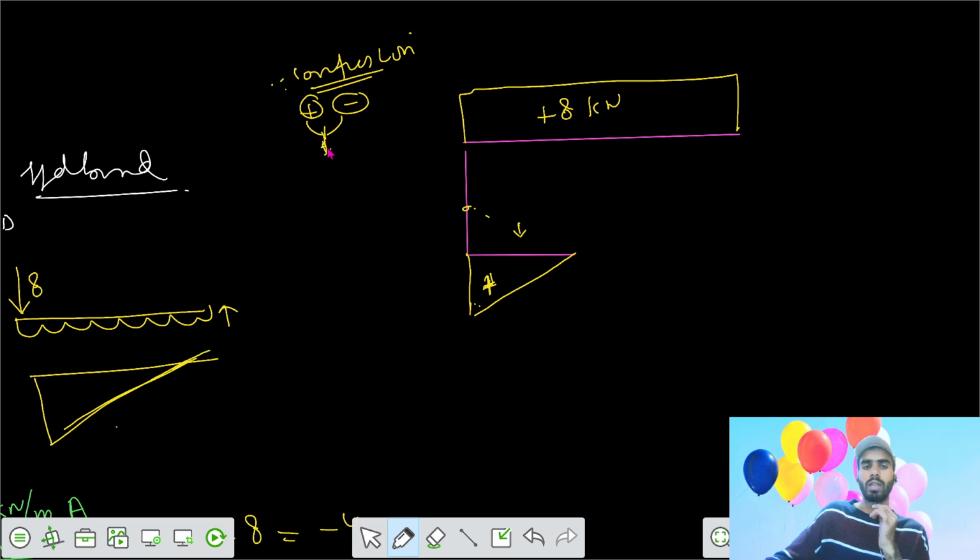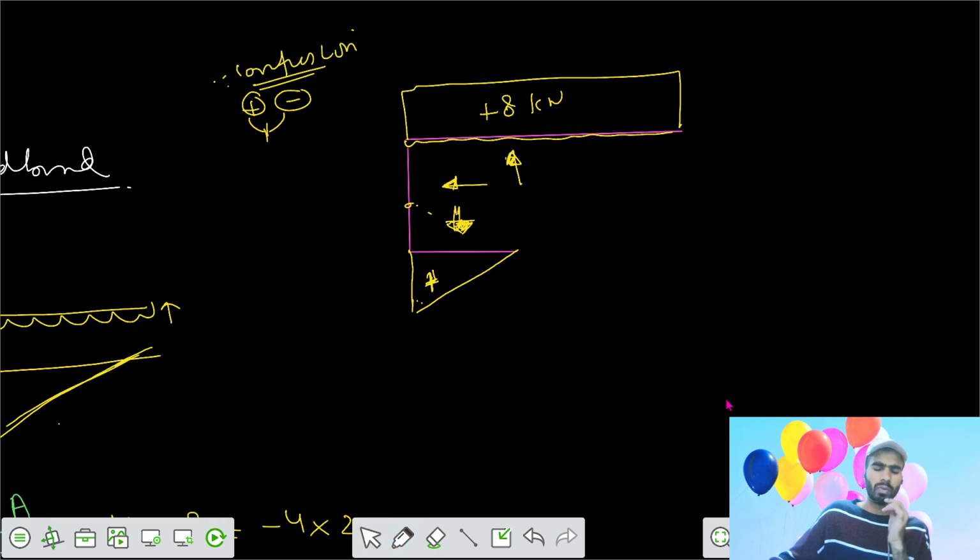If you want to make the shear force diagram here also, there is no problem, but you have to mark the sign also, that it is a positive value of shear force. But generally, when we analyze the frame, we sit inside the frame. For this part, we see this as a beam in this direction, this one in this direction, and this one in this direction, as we earlier saw with those beams.